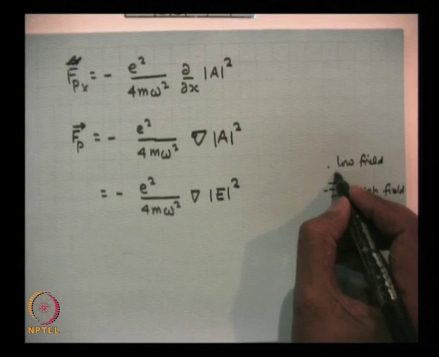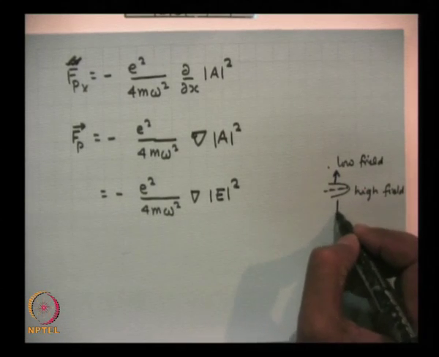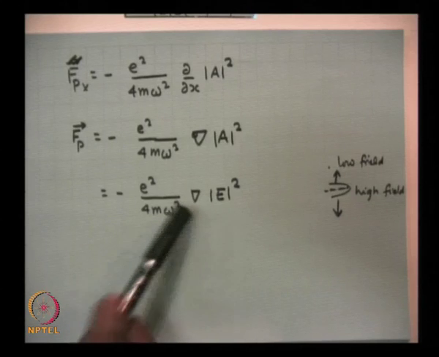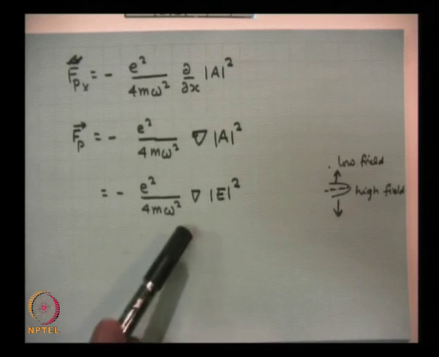So, electrons will go like this, they will flow out. It is a very important consequence.